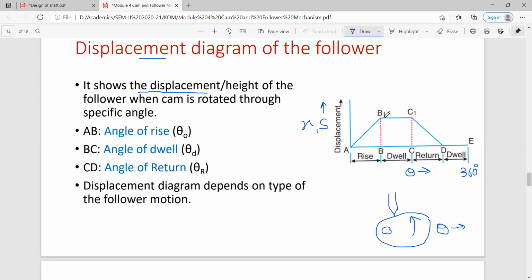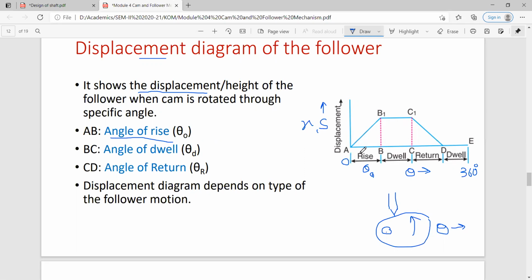Now in this displacement diagram, a few terms are important. The first one is angle of rise, theta 0. At point A the angle is 0, which means the cam is not rotating.